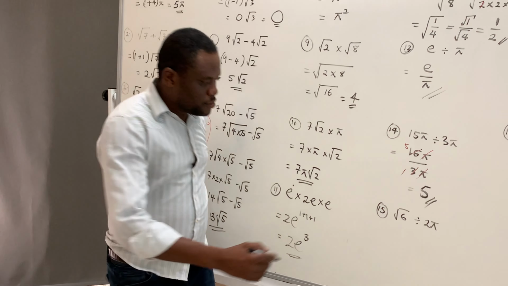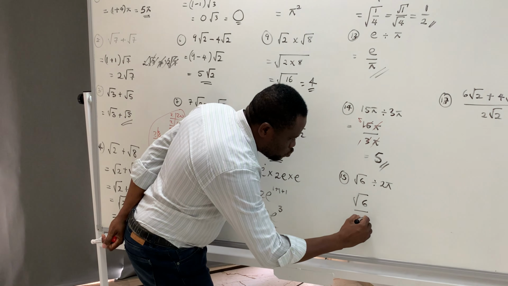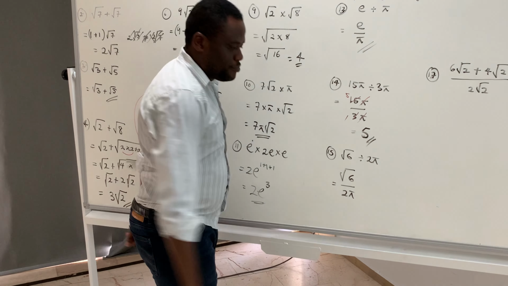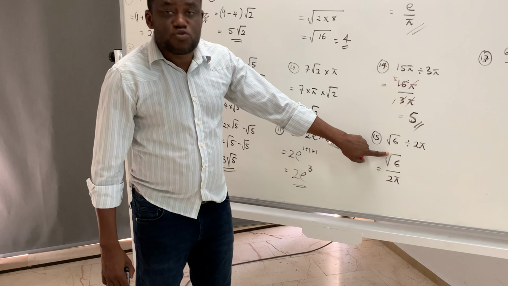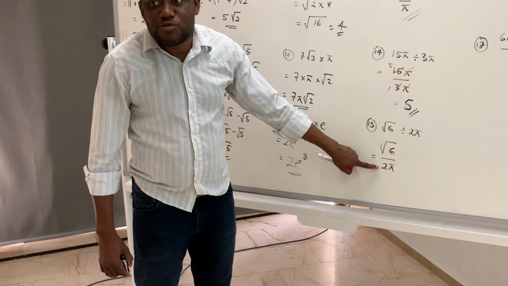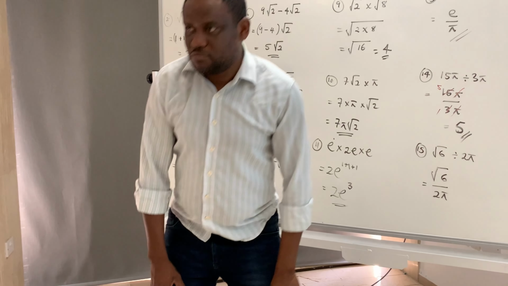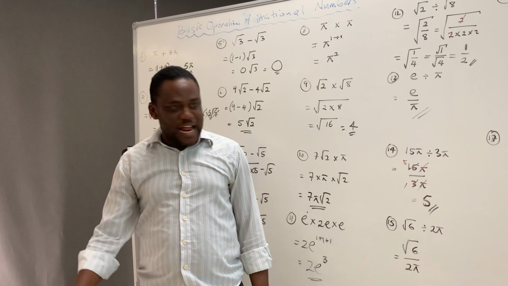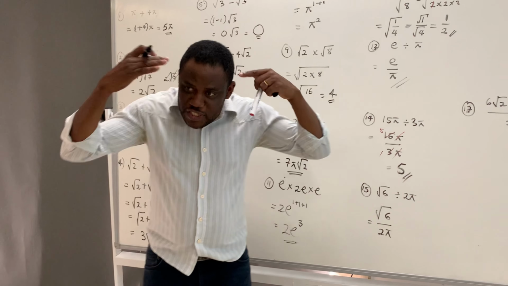Next question. Root 6 by 2 pi. This one has a root, but this one does not have a root. Be careful. You cannot put them together. I know we are thinking that 2 will cancel this. Don't try it, because they are not under the same umbrella.